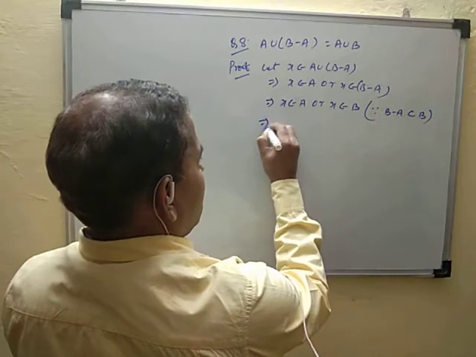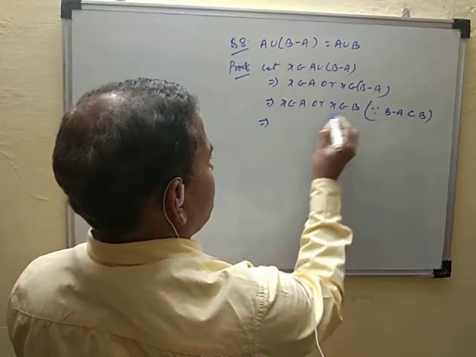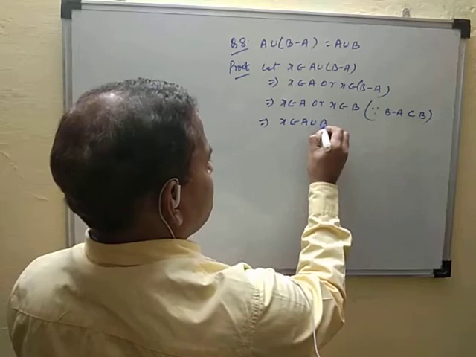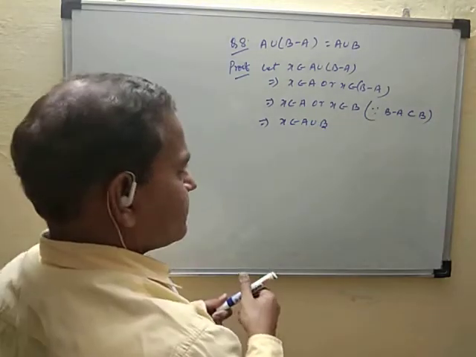So this implies X belongs to A or X belongs to B, so this implies X belongs to A union B.